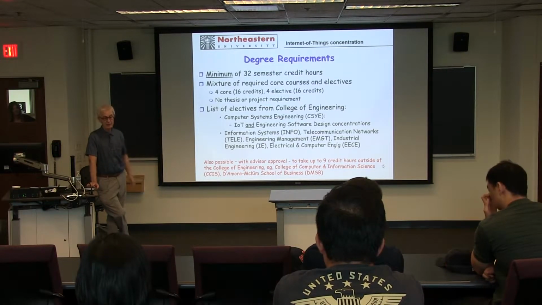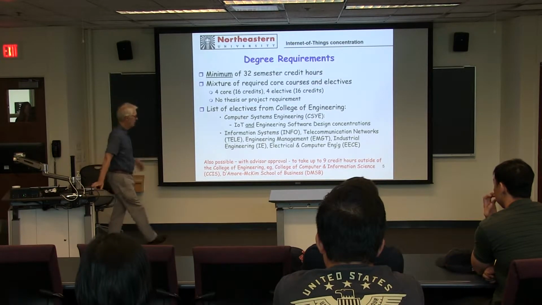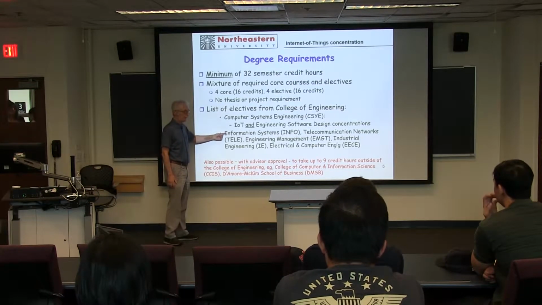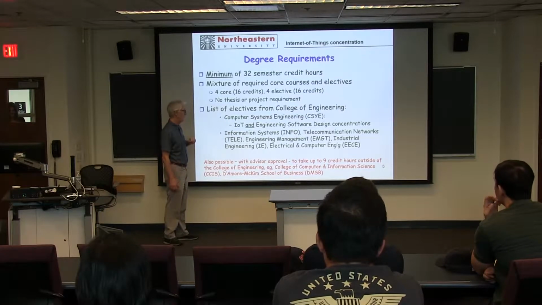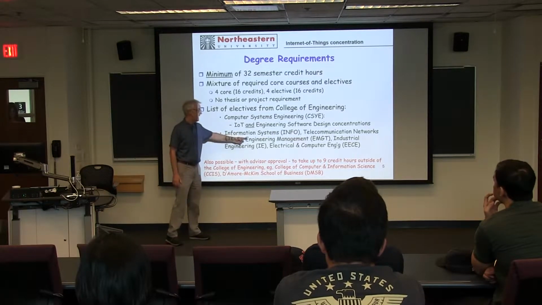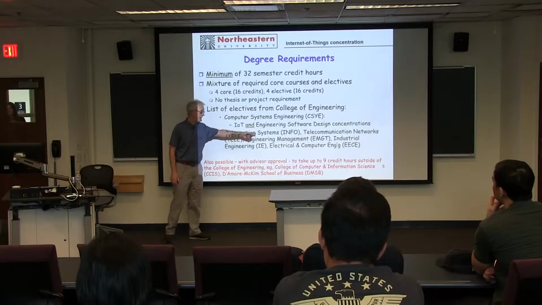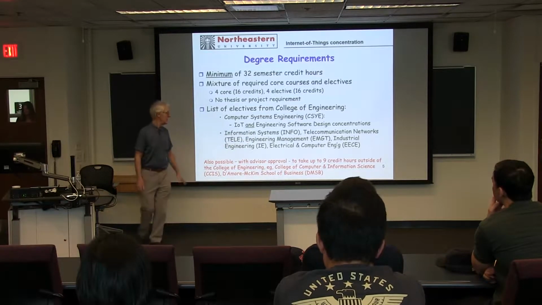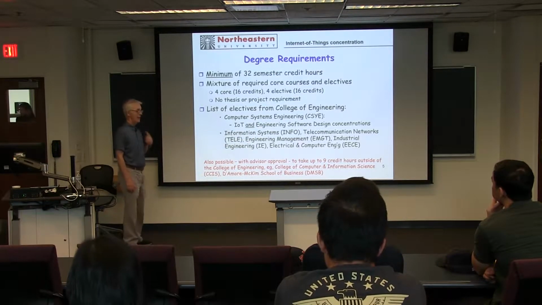At least 1 or 2 of those you may have to take, and others you can take as well. There are also courses in the Information Systems program, the Telecom Networks program, which I run as well, Engineering Management, Industrial Engineering, and Electrical Engineering. That's all in the College of Engineering.